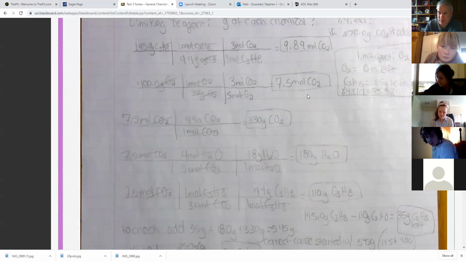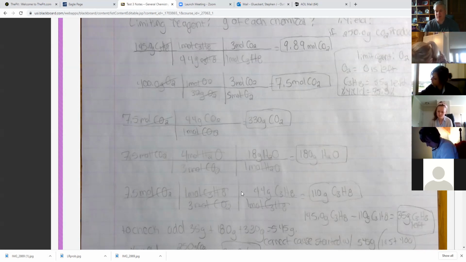Since we could have possibly made 9.89 moles of CO2, we know we're going to have some left over because we only made 7.5 moles. So from moles of CO2, go to moles of C3H8, and moles of C3H8 to grams of C3H8 using its weight. What we calculate for that is 110 grams of C3H8.